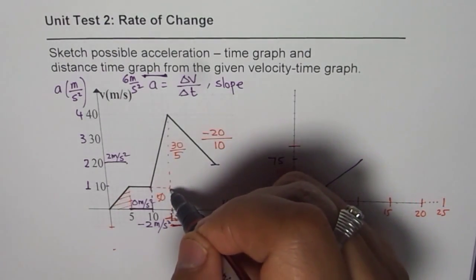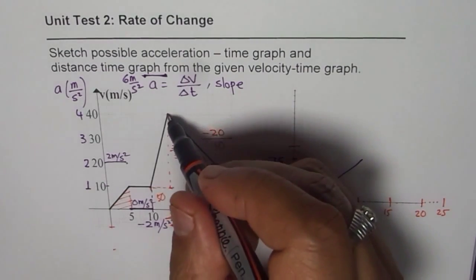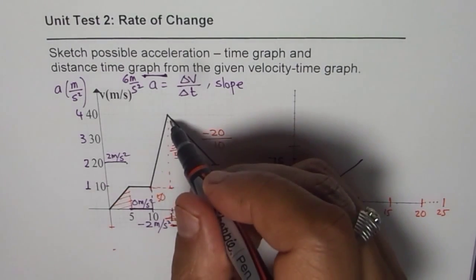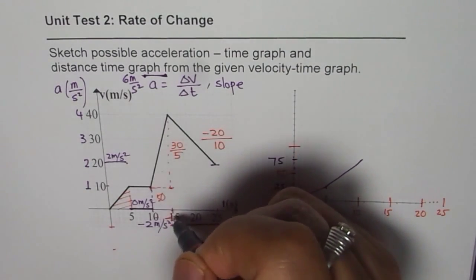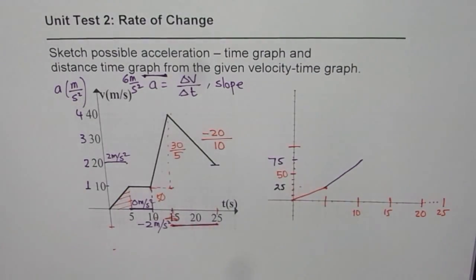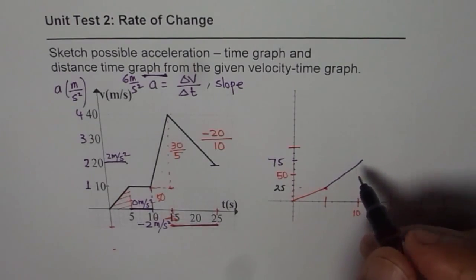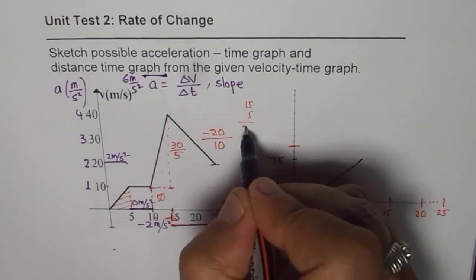Half of 30 is 15. And 15 times 5, which is the time. So we are taking half base into height. So height is 30, and then base is 5. Half of 30 times 5, right? So that is our answer. So 15 times 5 is 75.